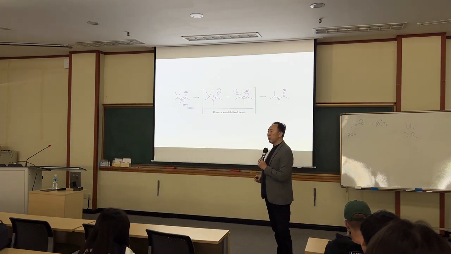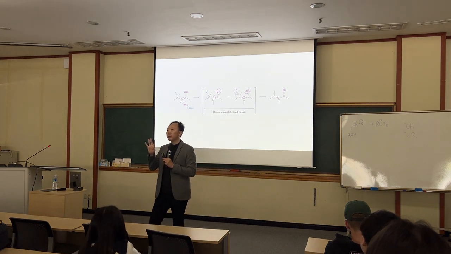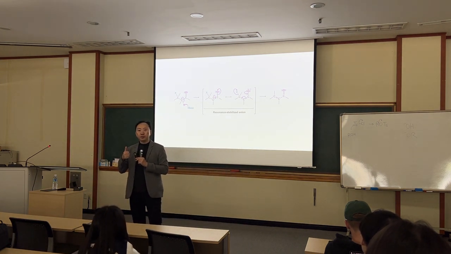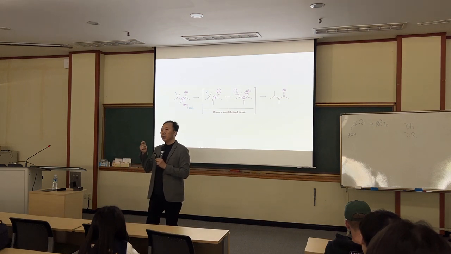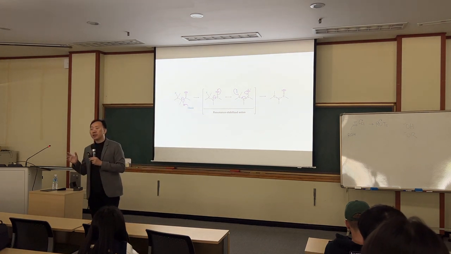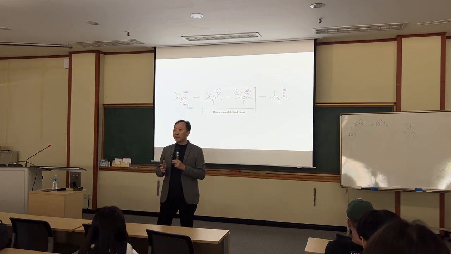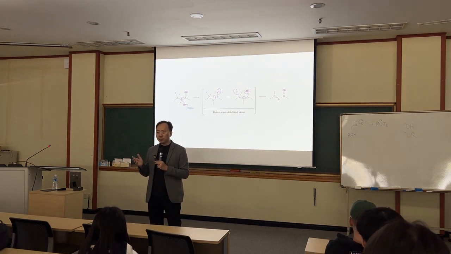Now let's summarize before we see the problem. We have learned the 4 different reactions: SN2, SN1, E1, E2. The key intermediate or key reagent for these reactions was alkyl halide. Is alkyl halide an electrophile or nucleophile?